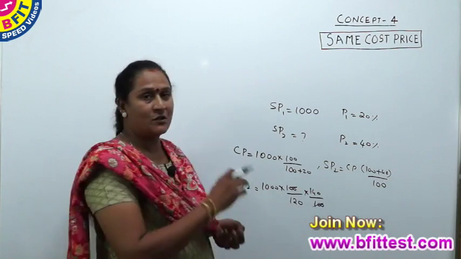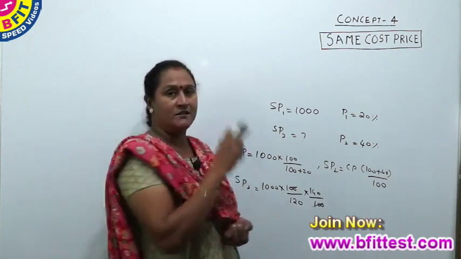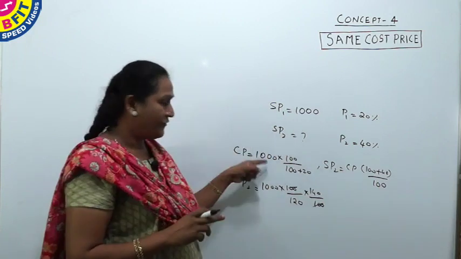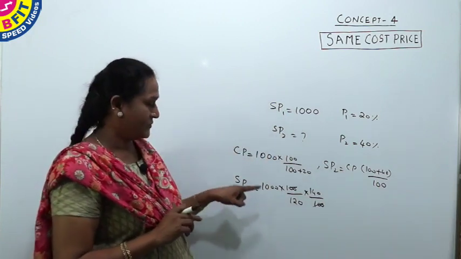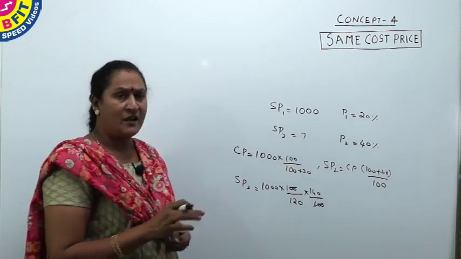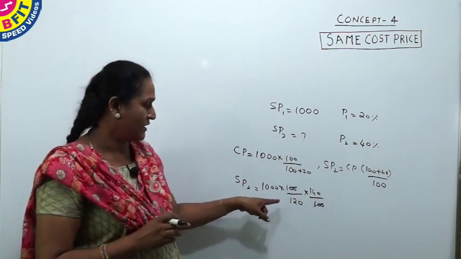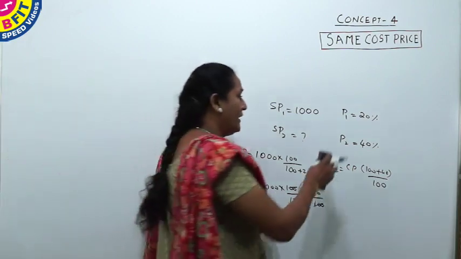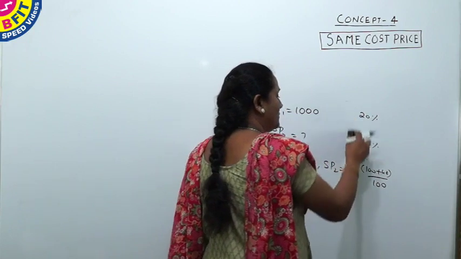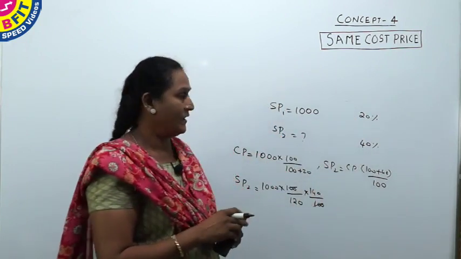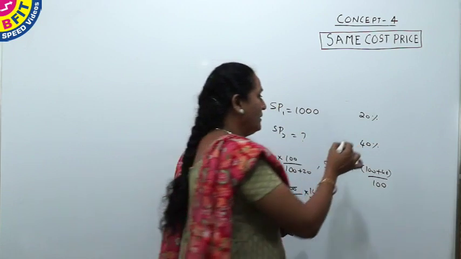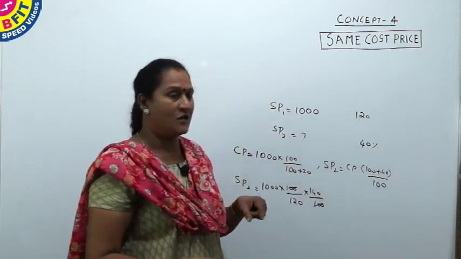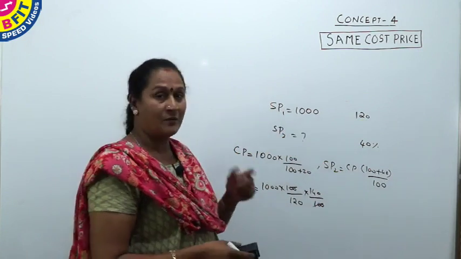For this concept, when one selling price is given and the other selling price is asked, giving the profit percent, we find the cost price, and with that cost price we find the selling price. But instead of doing all this, without finding all this, whenever one selling price is given, if the profit percent is given you add it to 100, and if it is loss percent you subtract it from 100.